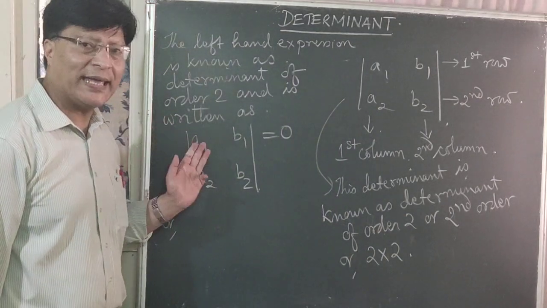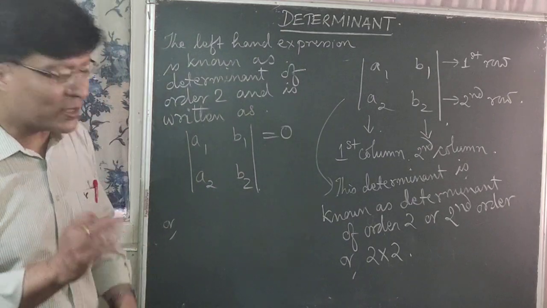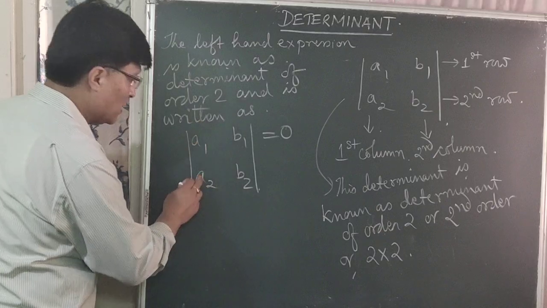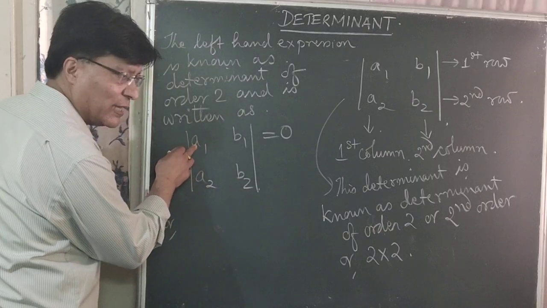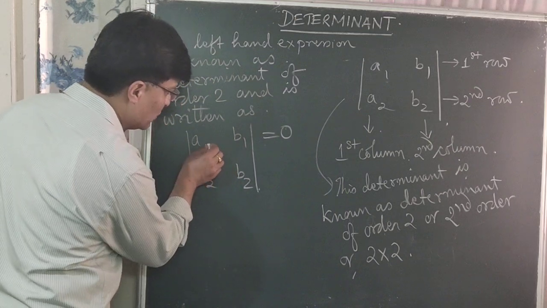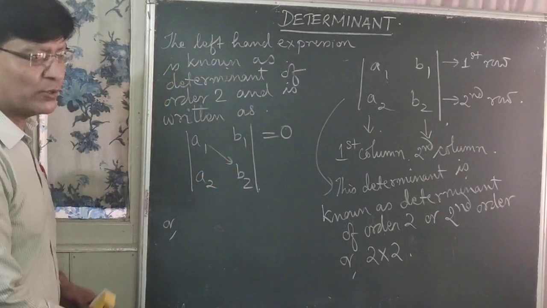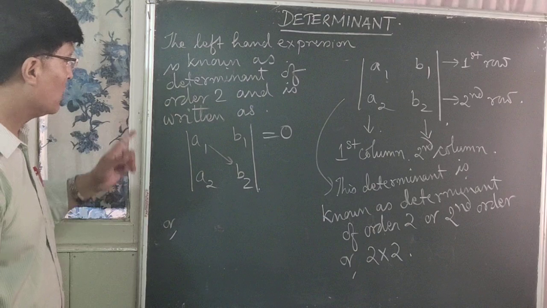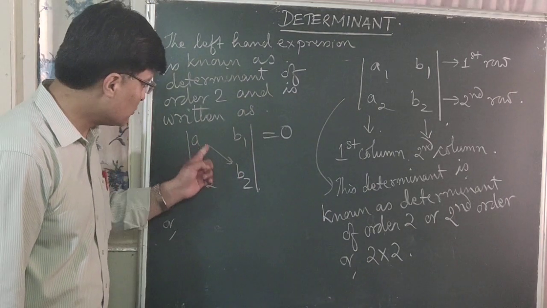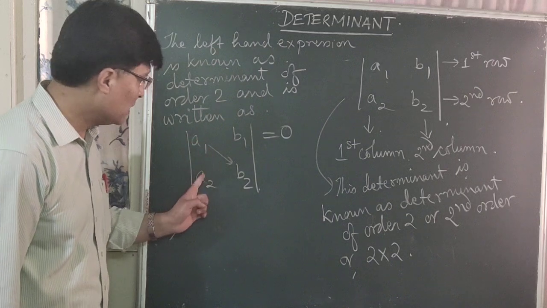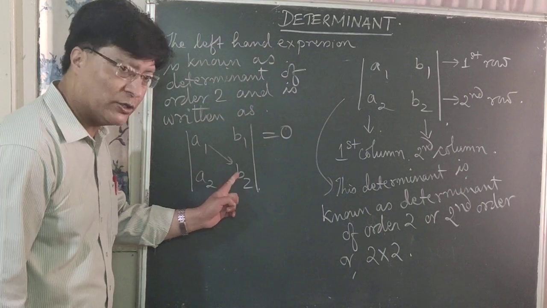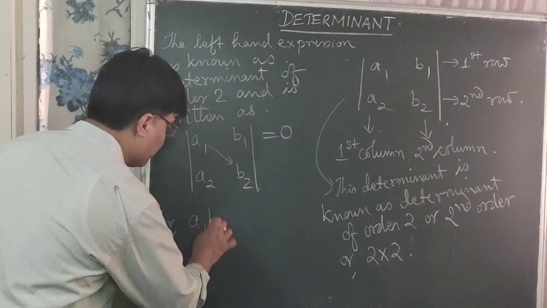Now you can expand it. What is the method of expanding it? This is the first column. In the first column, what is the first element? a1. This a1 should be cross multiplied by b2. First of all, you have to multiply a1 by b2, so write down a1 b2.